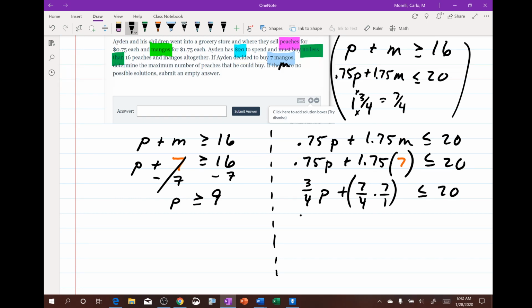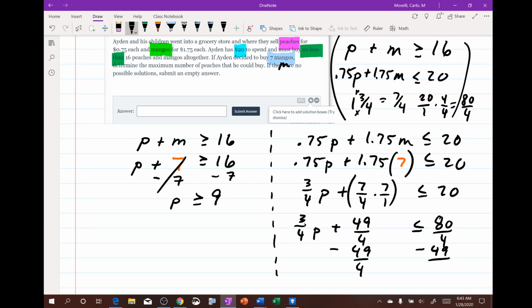I think it's easier this way, 3/4 P, and then it's plus 49 over 4, less than or equal to 20. It would help at this point to not write 20, but write 20 as a fraction with 4 in the denominator. So that's 80/4. Okay, now we need to subtract 49/4 from both sides.